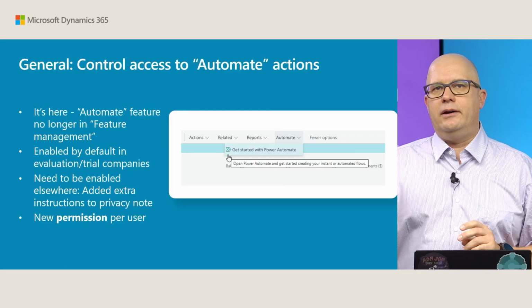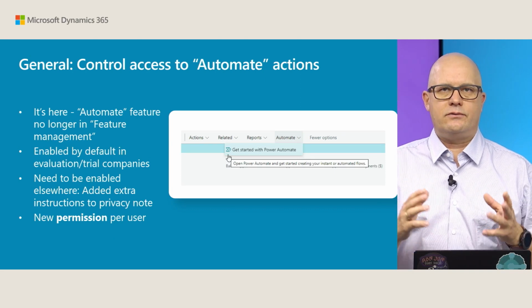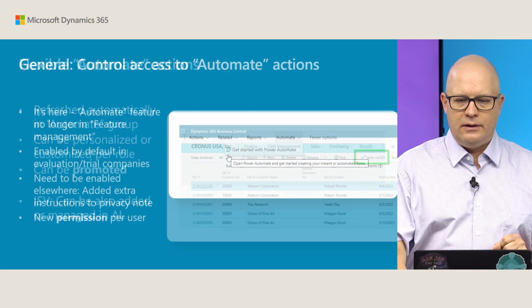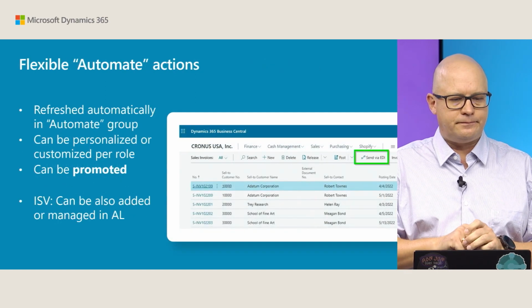But you can also control, using a permission, visibility and access to those actions and to the whole feature, user by user or role by role. So this is really powerful for admins to fully control access to this new feature.